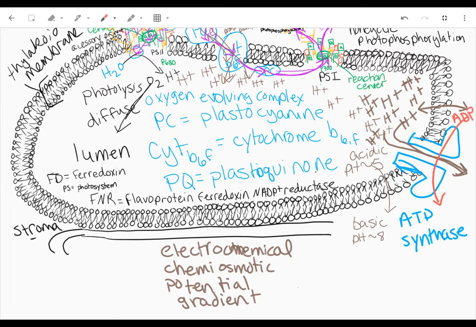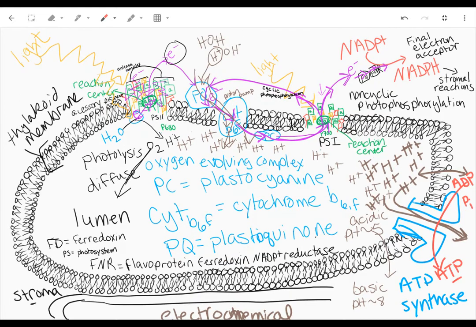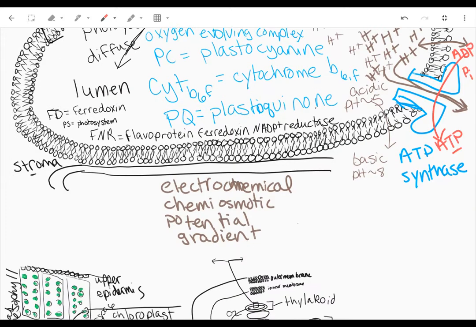We're going to take ADP and an inorganic phosphate, and we're going to stick that phosphate on using this turbine to do the work into ATP. So ATP we're going to use, and NADPH we're going to use in our next part of photosynthesis, the stromal reactions.